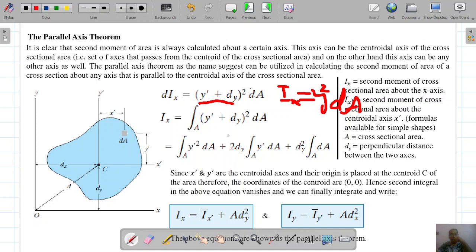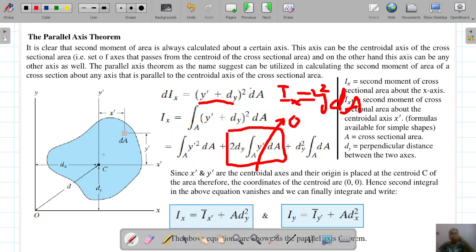Now remember one thing: this term, 2 dy times the integral of y' dA, is very important. We will say this term will be 0. Why 0?